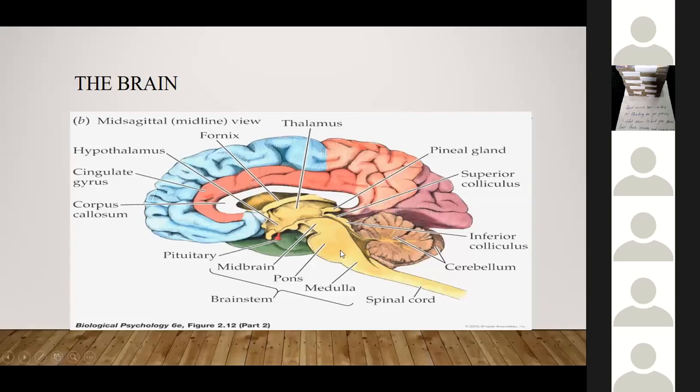And that's why you should know the parts, so that when you see the features, you can tell that, okay, this stroke is actually in the cerebrum, or in the cerebellum, or in the brainstem. So that's why you should know the parts.